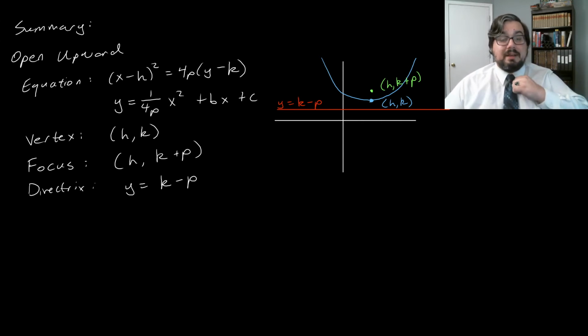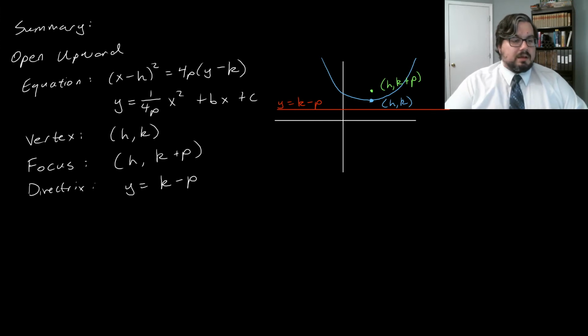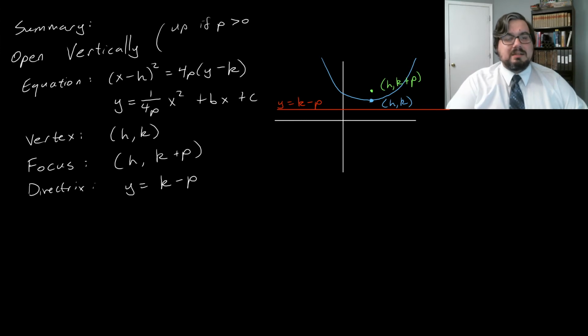And if we can work out what p and h and k are, then we can describe the parabola entirely in terms of those numbers. I should have written here not necessarily open upwards. I should have said open vertically, and then specified up if p is positive and down if p is negative.